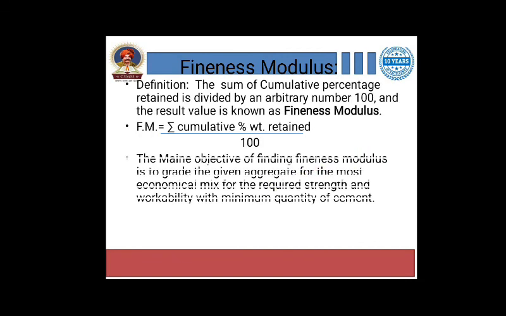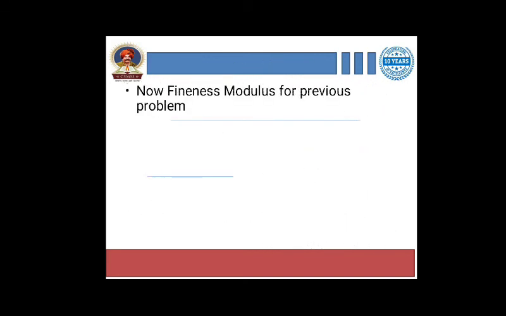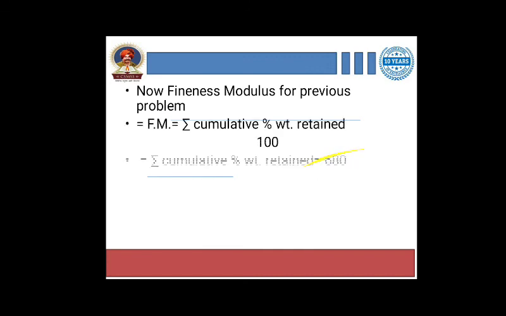We have calculated the cumulative percentage weight retained as 680, divided by 100. We will get the fineness modulus for that sample as 6.8, right?